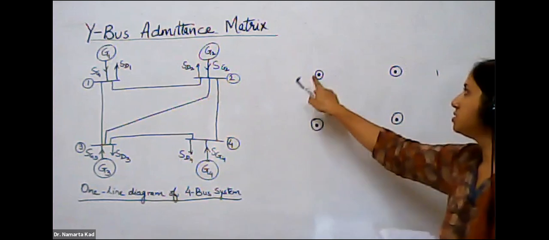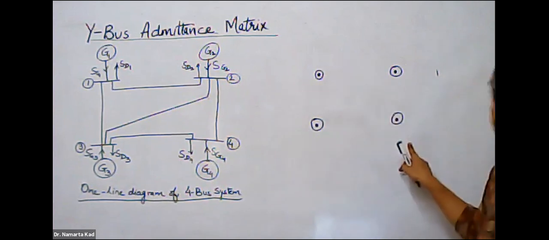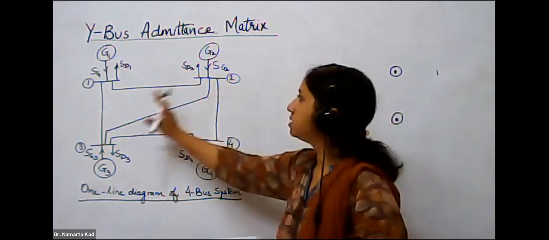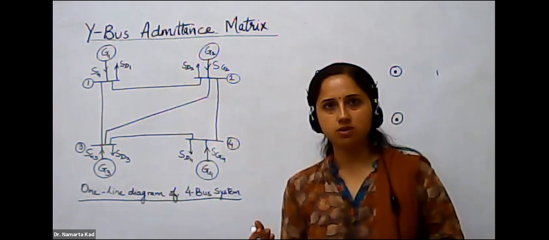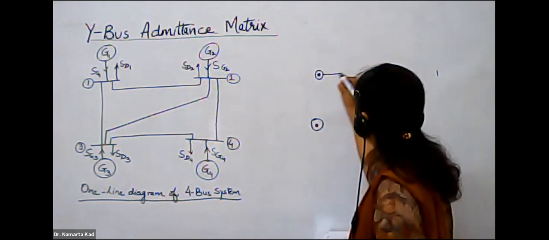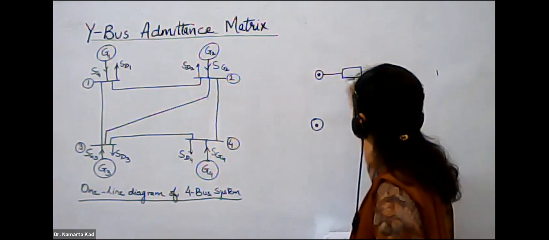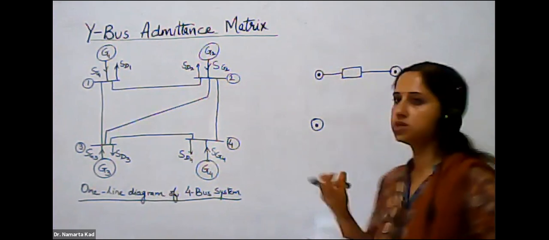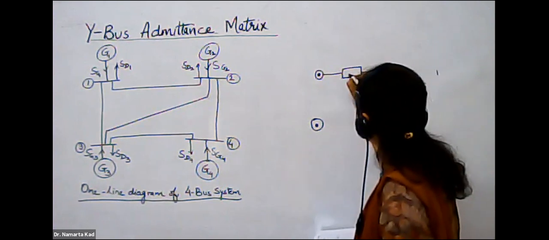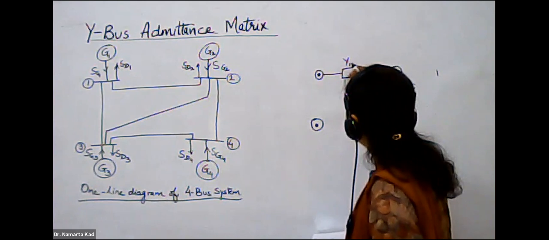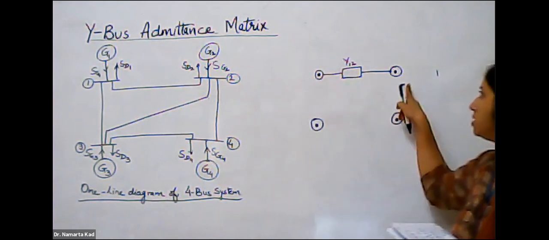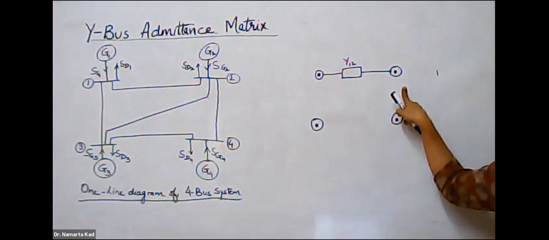This represents bus number 1, 2, 3, and 4. And firstly, we connect the admittances in between the buses. Bus number 1 and 2 are connected by a transmission line, and that transmission line is represented by some admittance value. This admittance is represented as Y12, because this one is our bus number 1 and this one is our bus number 2.